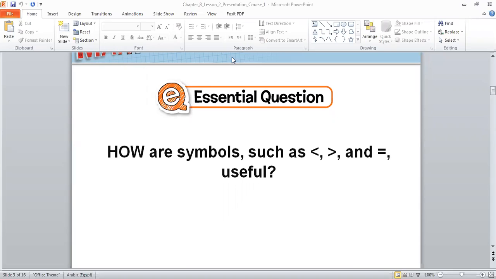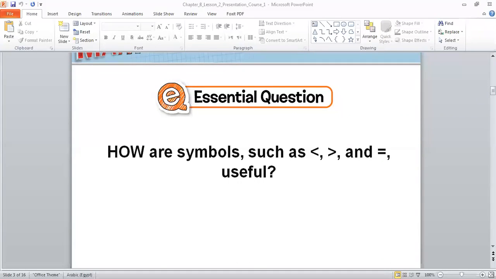I will mute all. Be with me now. Keep quiet. How are symbols such as less than, greater than, and equal useful?